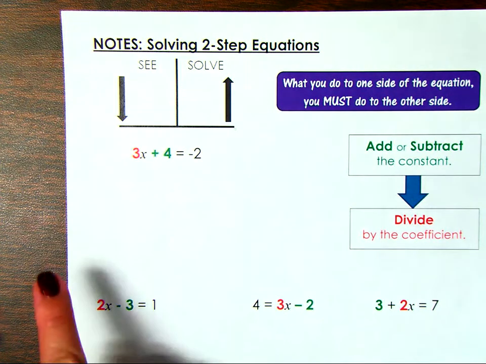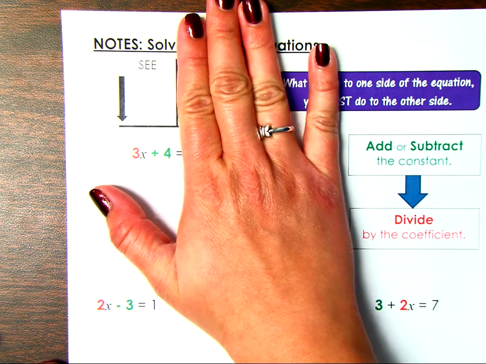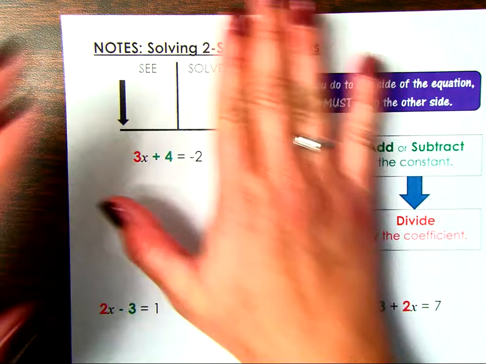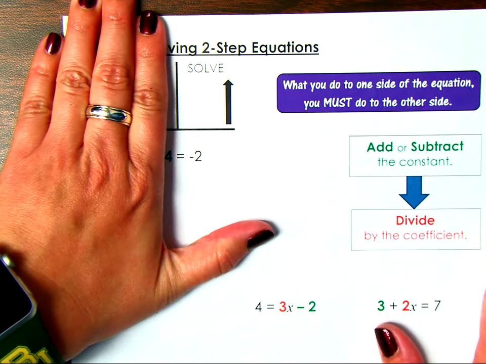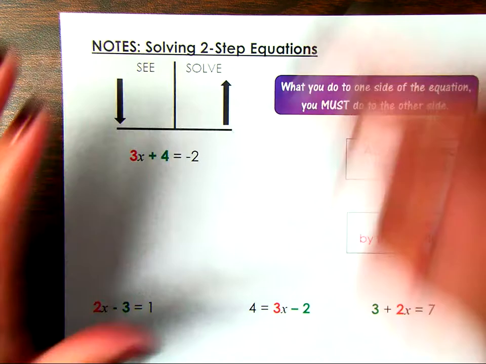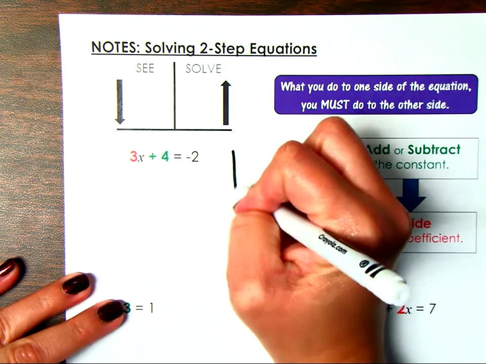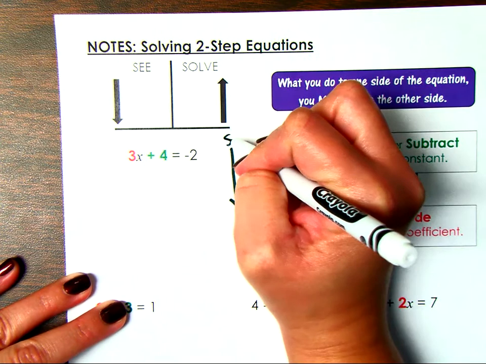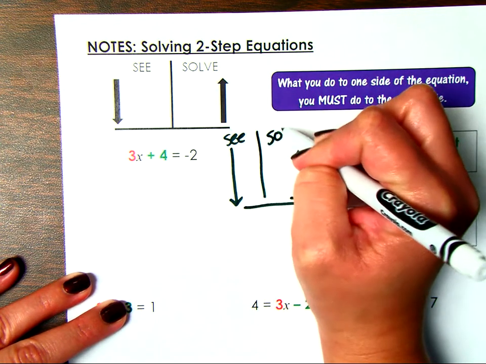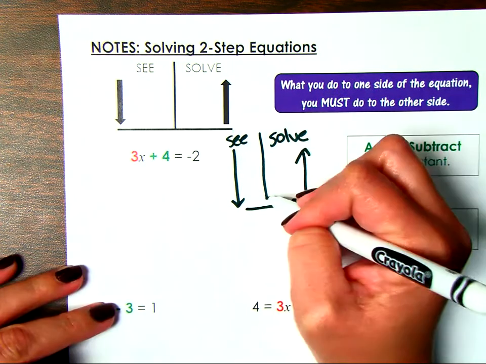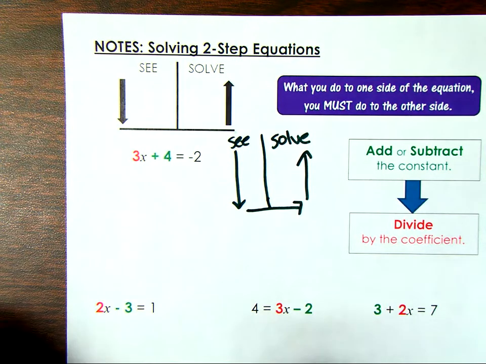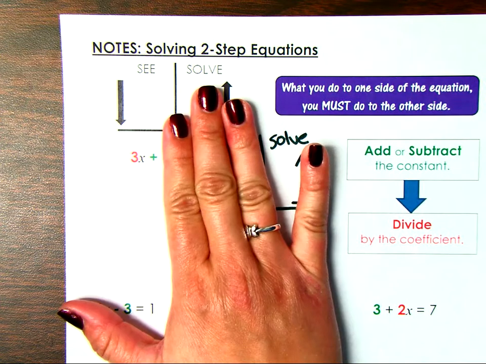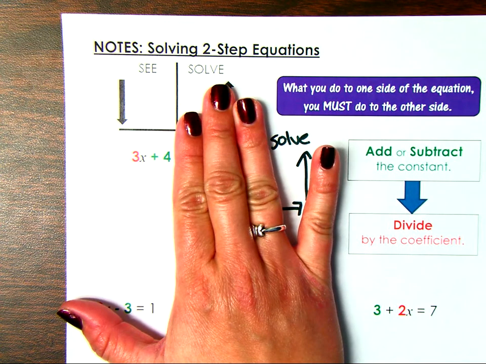We're working backwards. What you see mathematically in the problem is following your order of operations, and how we're going to solve that is by going backwards. So for example, if I write my see and solve for this problem, it helps me out step by step. What I see first, if I knew what x was in this problem, is I see 3x plus 4.